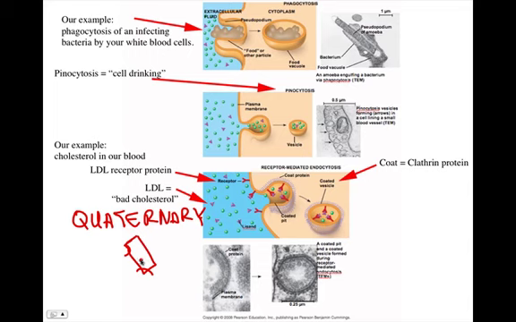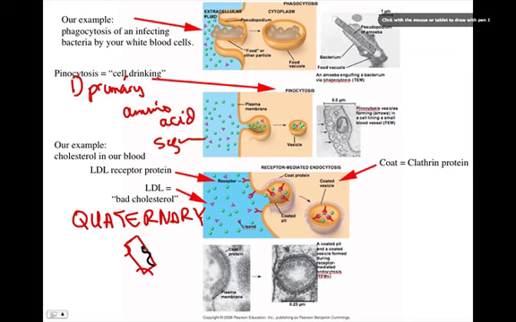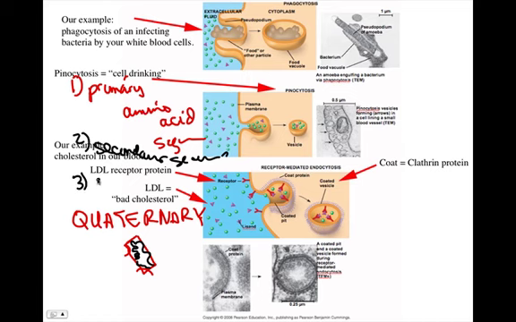And clathrin has a primary amino acid sequence, so it's a chain of amino acids joined together by covalent bonds. If we zoomed in here, we'd actually find a chain, and it has some local twists that give it a secondary structure. And then it folds up overall into a three-dimensional tertiary structure.